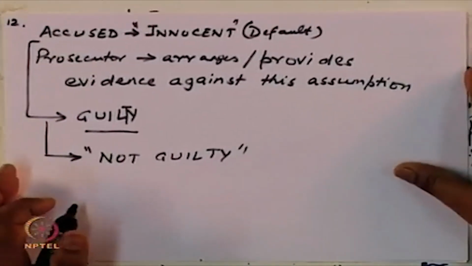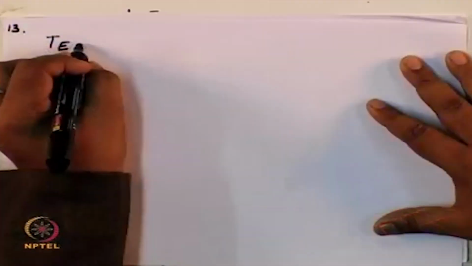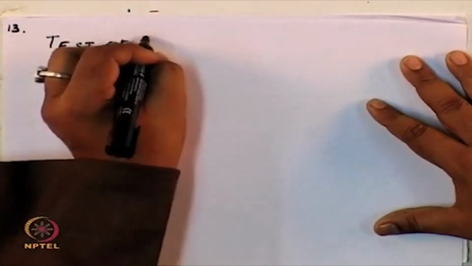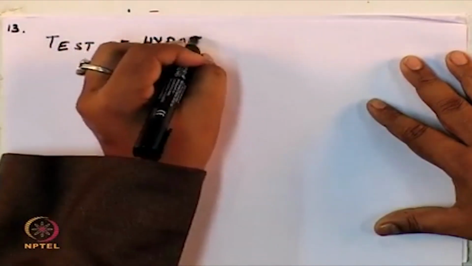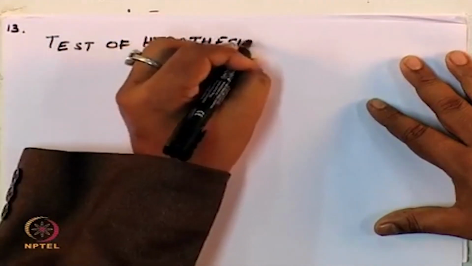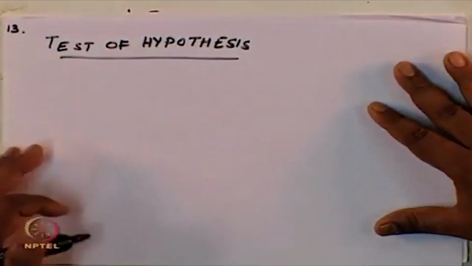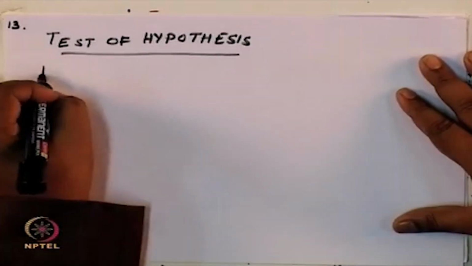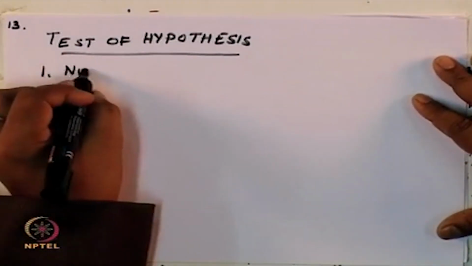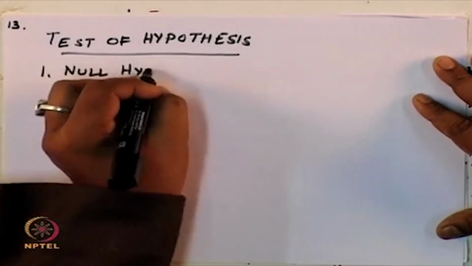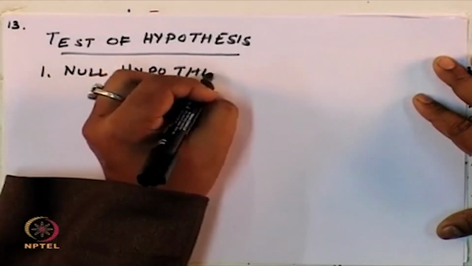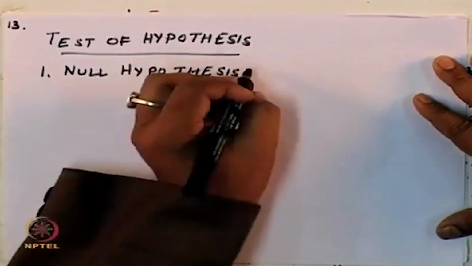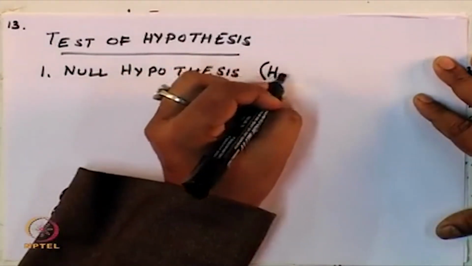So, how do we go about doing a testing of hypothesis? A test of hypothesis has 5 components. One is called the null hypothesis, which is typically represented by H naught.